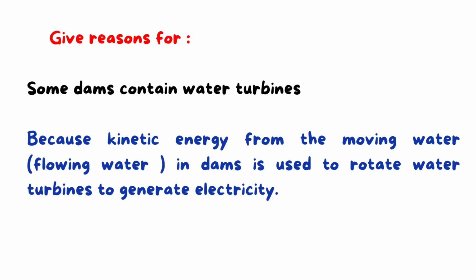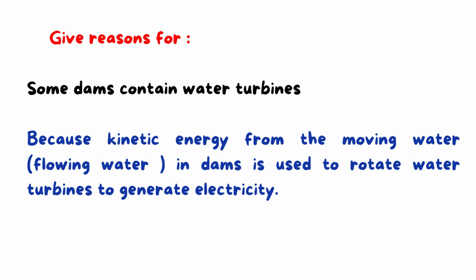Why? Because this kinetic energy will cause the rotation of the water turbine, so it will generate electricity. Without water flow, the water turbine can't rotate and can't generate electricity. This is an important point.